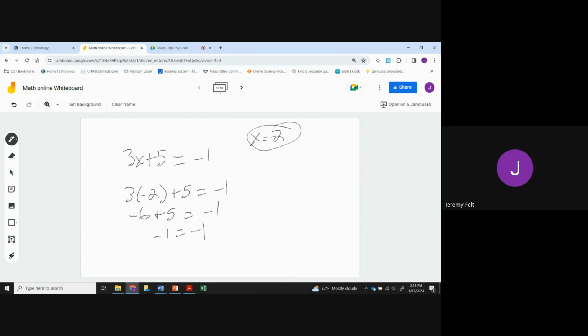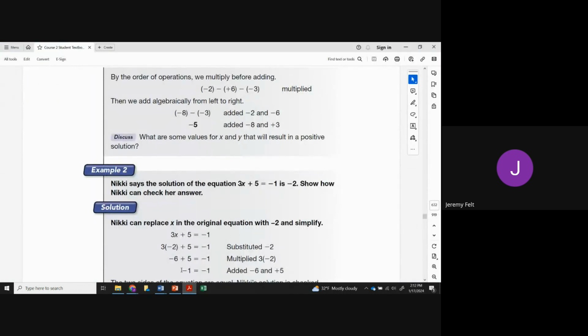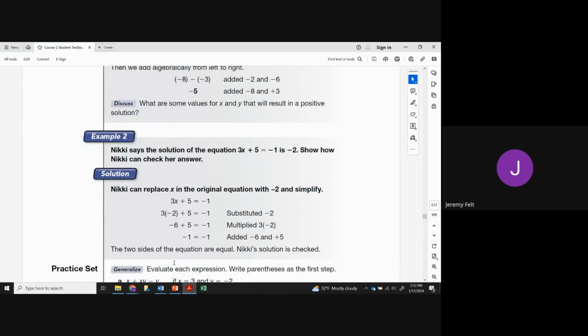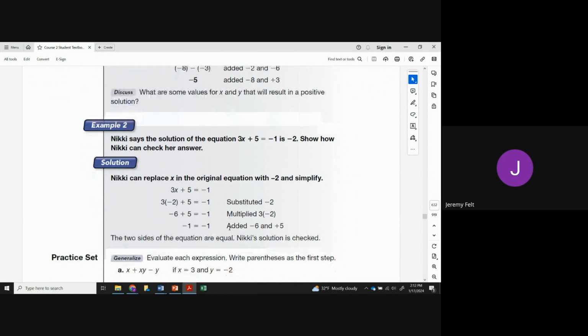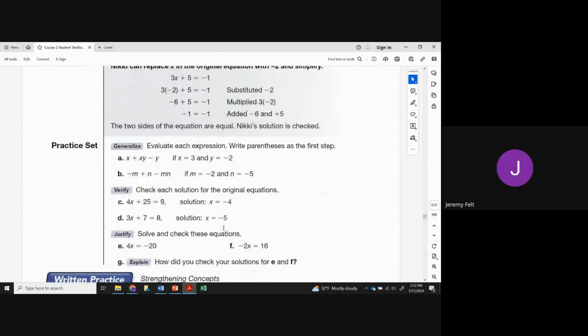Now, if we ended up with something like 5 equals 3, well, 5 does not equal 3, so we know whatever solution we found is incorrect, and we can go back and check our work. That's always a good idea. Maybe you don't do it on every single homework problem, but on a test, especially if you think, that doesn't feel right, plug whatever you found back into the original equation and make sure that it works out to be true.